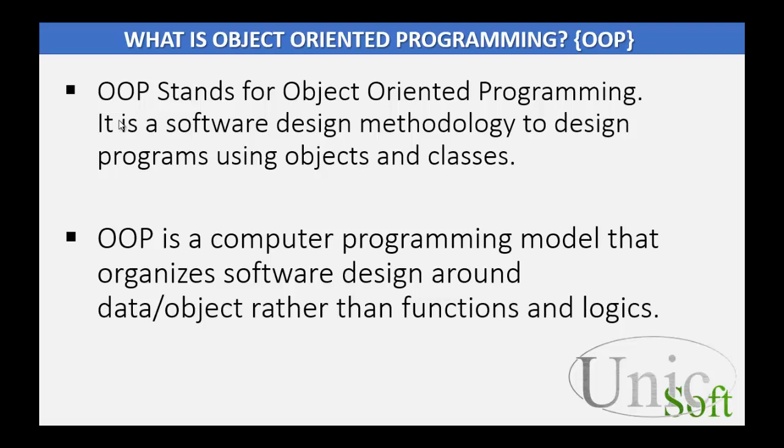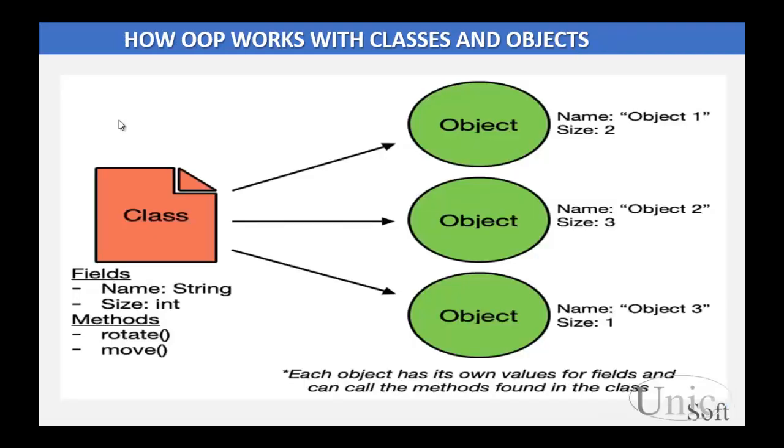So let's see how object-oriented programming actually works. Object-oriented programming focuses on using classes, and within these classes you can define everything you want, like the names of the object and the properties. You can define methods that qualify these properties within the class.